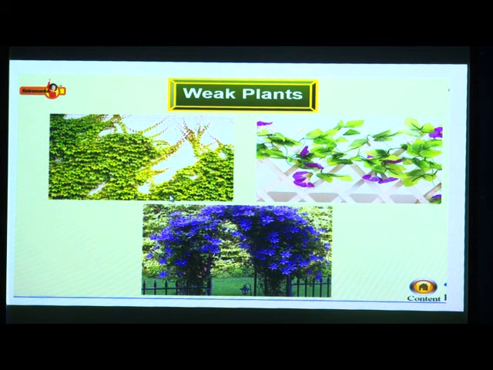Creepers and climbers are plants with a weak stem. They creep along the ground or climb a support. Pumpkin is a common creeper. Money plant, grapevine and beans are common climbers. Some climbers like bean and pea are also herbs. They live for only one season. Grapevine lives for many years.